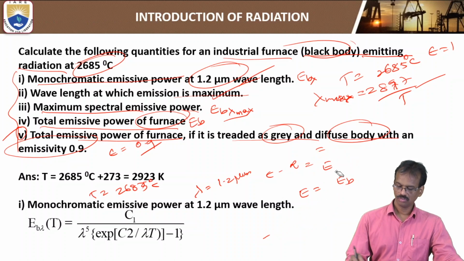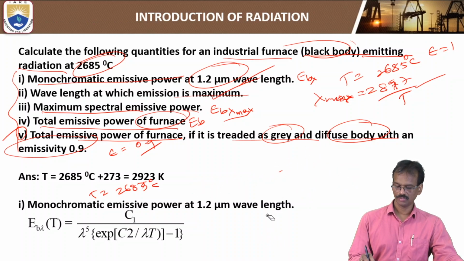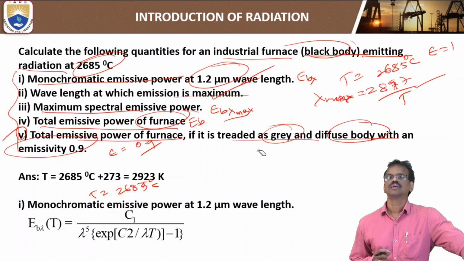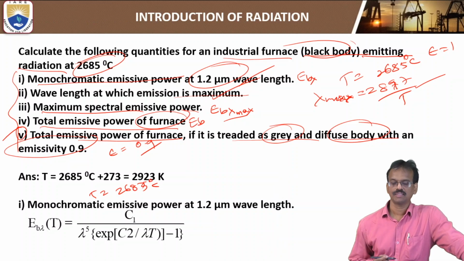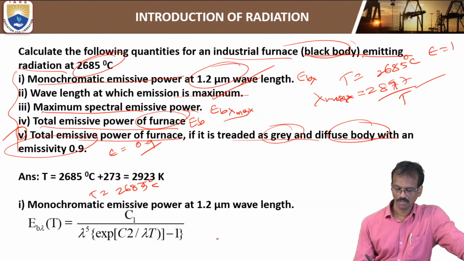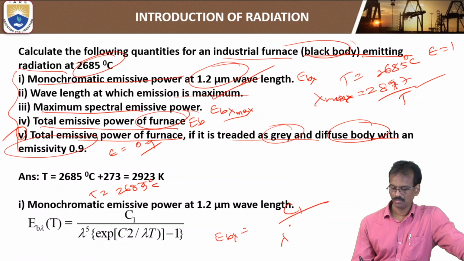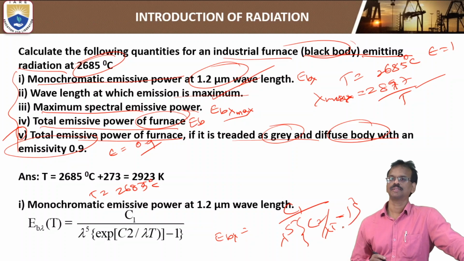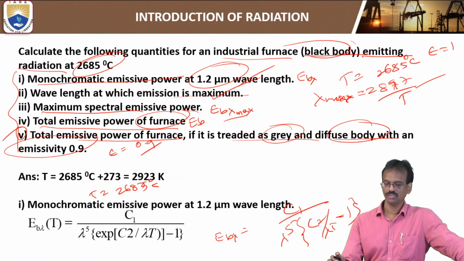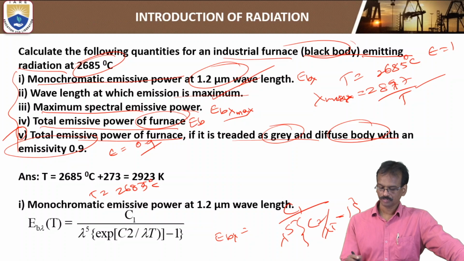Then you know the formula to find the monochromatic or spectral emissive power based on Max Planck's law: E_B lambda is equal to C1 divided by lambda to the power of 5 times (e to the power of C2 by lambda T, minus 1). C1 and C2 are constant values.